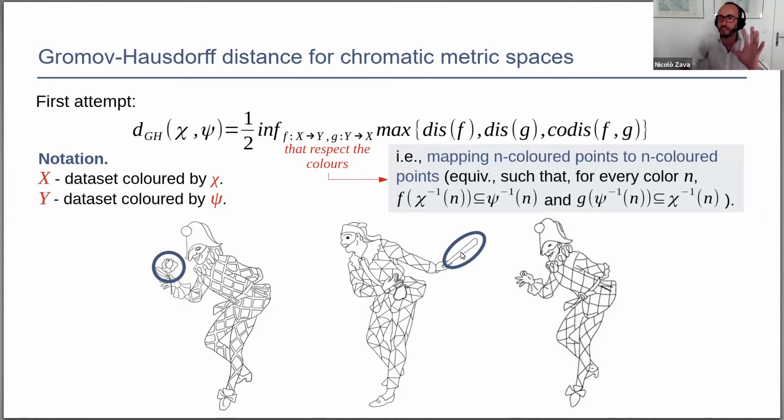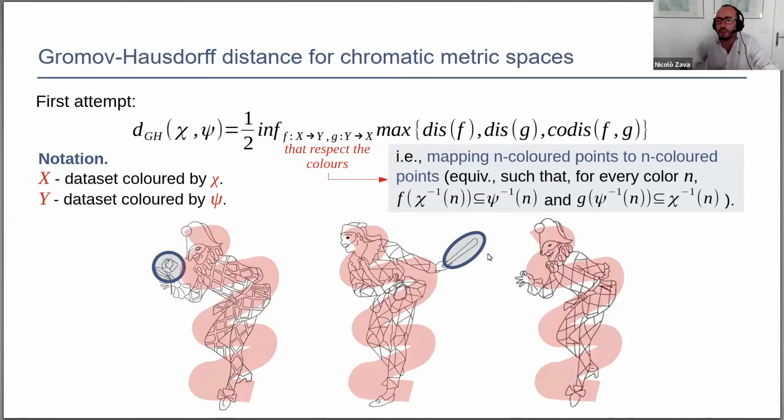This bat is something else. So I want to keep this information. I want to use this information before comparing these shapes. So immediately you can color the three shapes by saying, okay, you have red colors for the body and blue colors for these special features.